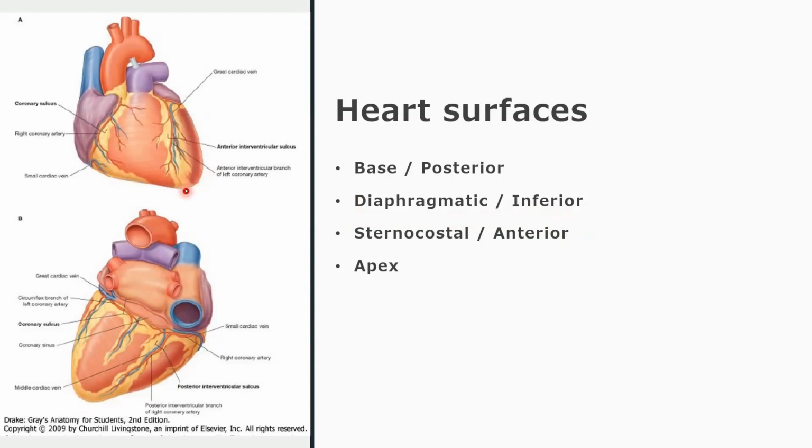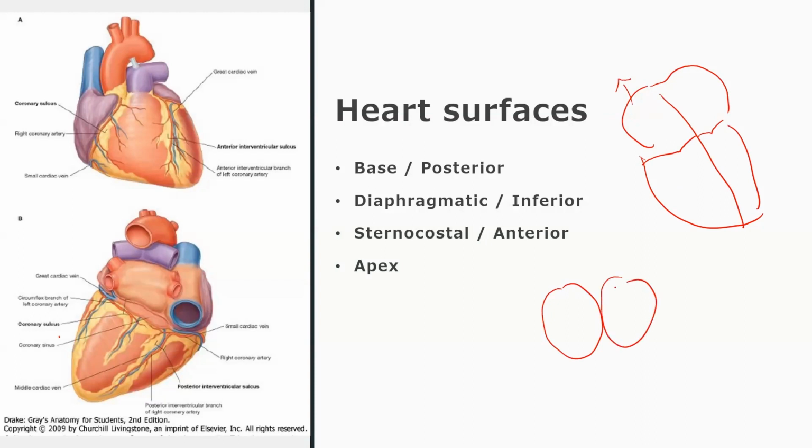Right? So even though there are 4 chambers of the heart, right? Even though the heart is drawn like this, the atria are situated posterior to the ventricles. So actually, if you have the atria like this, the ventricles are situated anteriorly like this.